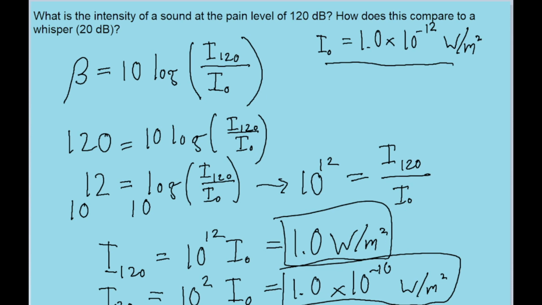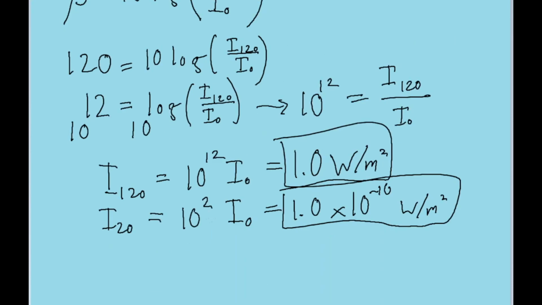One way we could describe the comparison is by pointing out that the pain level, I120, is 10 to the power of 10 times larger than I20. Because we can see just looking at this that the top one is 10 orders of magnitude larger than the whisper. So that's all for this problem.